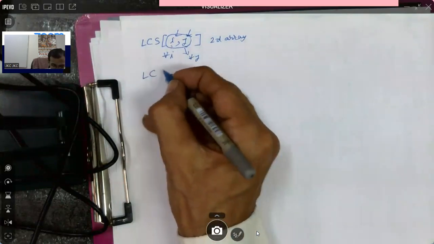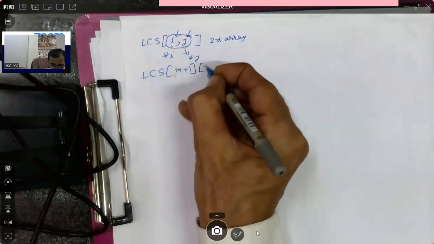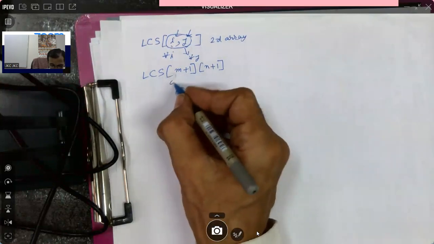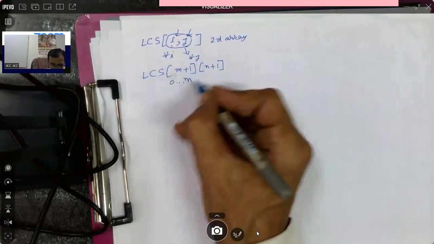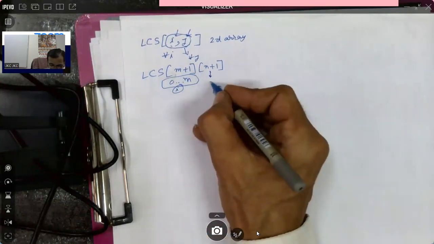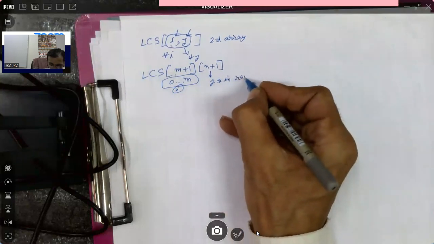So I will need an LCS array of size m plus 1 and n plus 1, where i will be varying in the range 0 to m, and j will be varying in the range 0 to n.